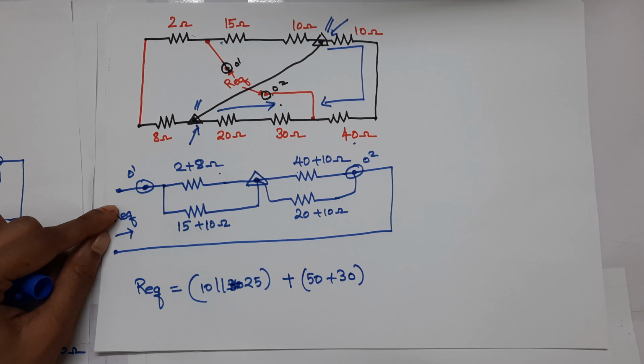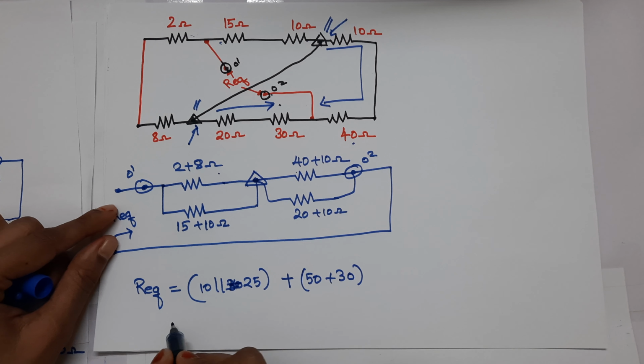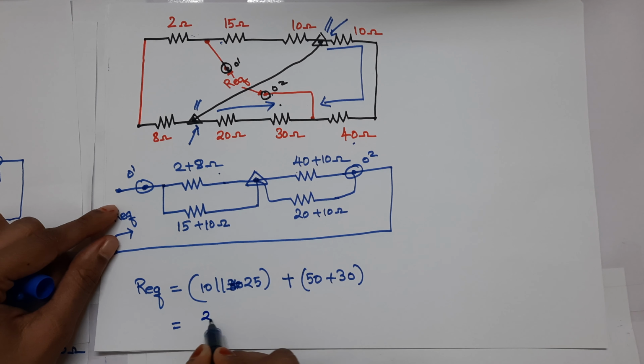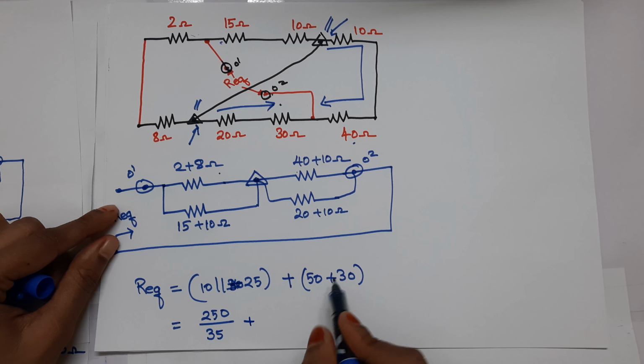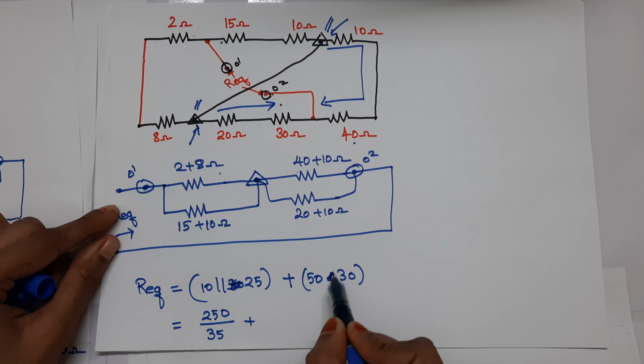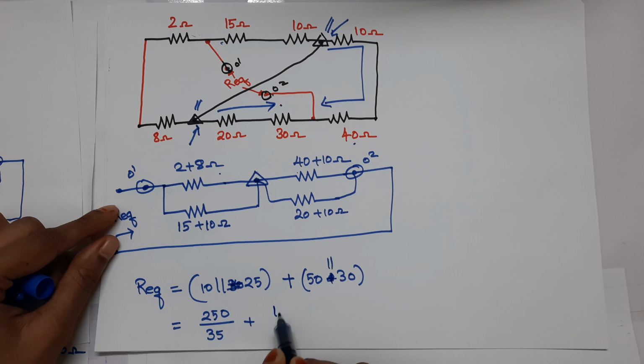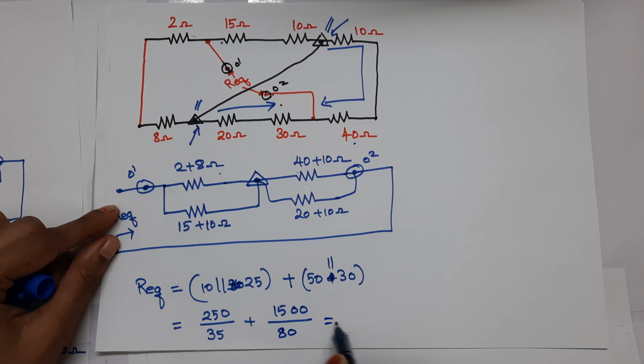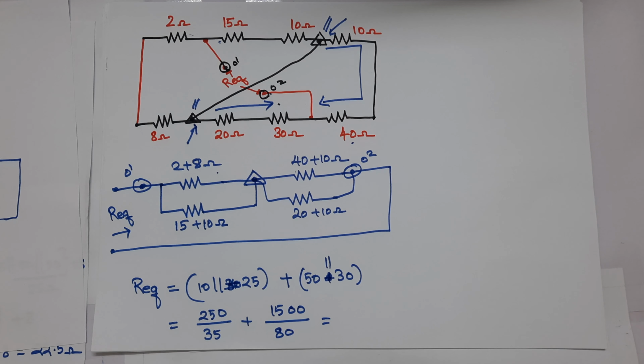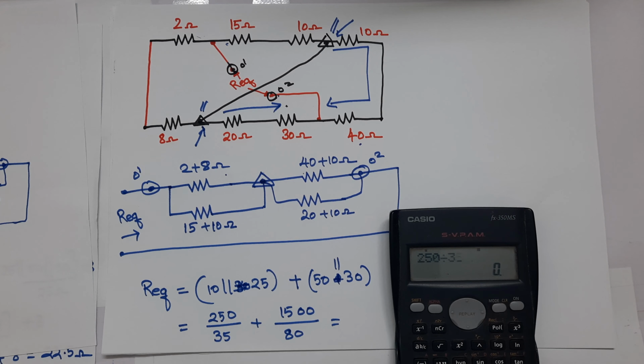If you solve this, you are going to get the equivalent resistance, which is 25 times 10 divided by 35 plus, oh this is not plus, this is parallel. 50 times 30 is 1500, divided by 80. So this resistance is going to be 250 divided by 35.